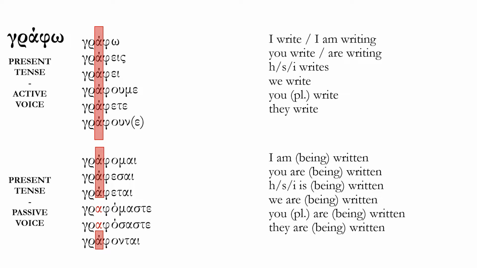However, for we are written, grafomaste, and you guys are being written, grafosaste, the accent shifts to the right. And if you can't see it, the reason for that is that these have an extra syllable, and the Greek rules of accentuation require us to have an accent on one of the last 3 syllables, no exceptions. And we'll talk more about that later, and we'll certainly cover it in class.